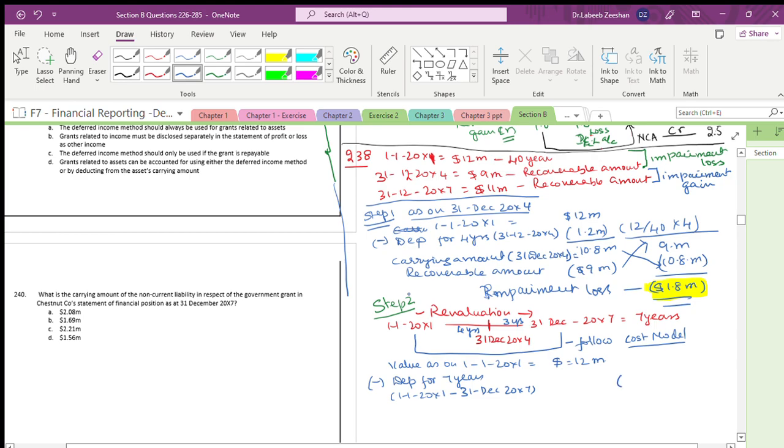How much is 12 million divided by 40 years, times 7 years? We will get it for 1 year, multiply it for 7 years. How much will we get? Check again.